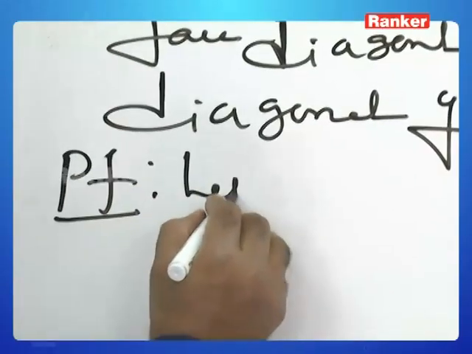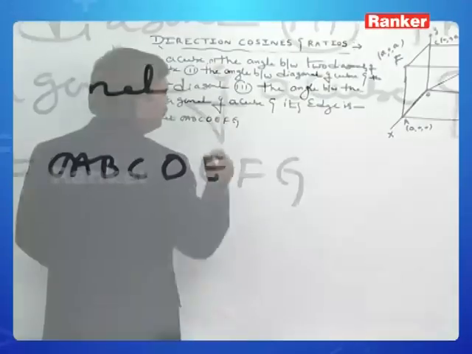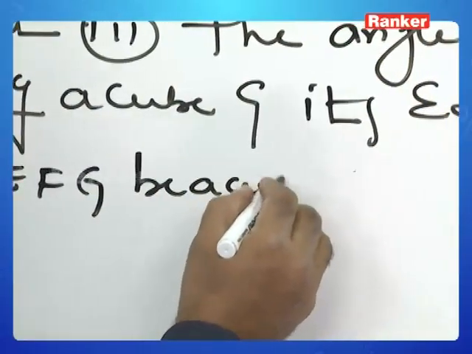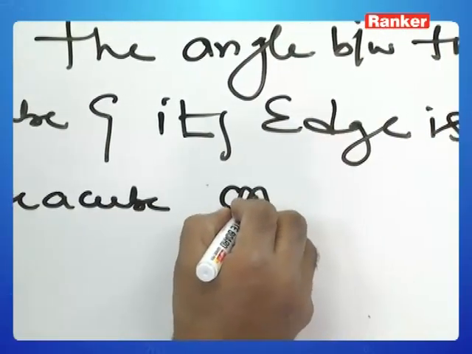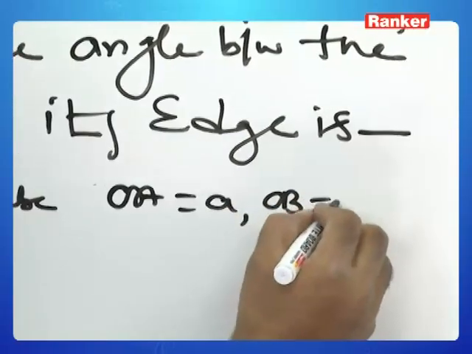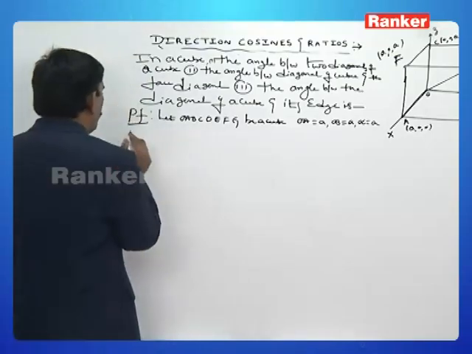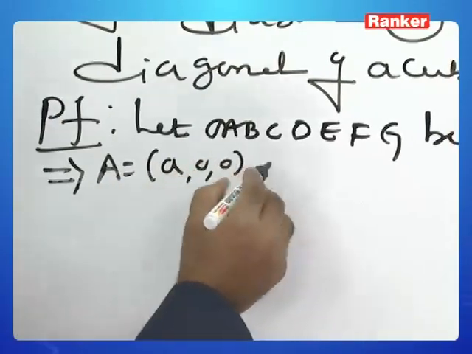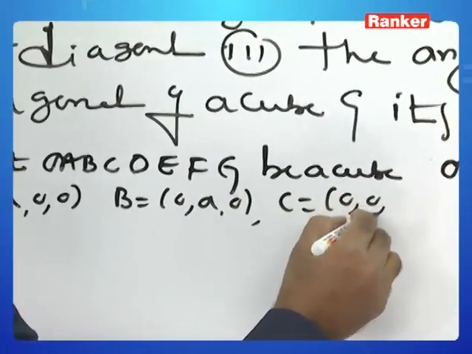Now let us start. The proof of this one is very simple. Let O, A, B, C, D, F, G be a cube, and OA is equal to a, OB is equal to a, OC is equal to a, which implies A is (a, 0, 0), B is (0, a, 0), C is (0, 0, a).